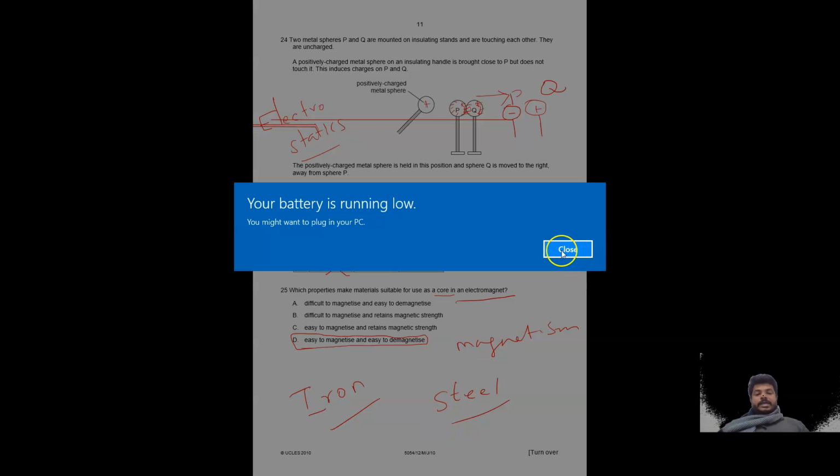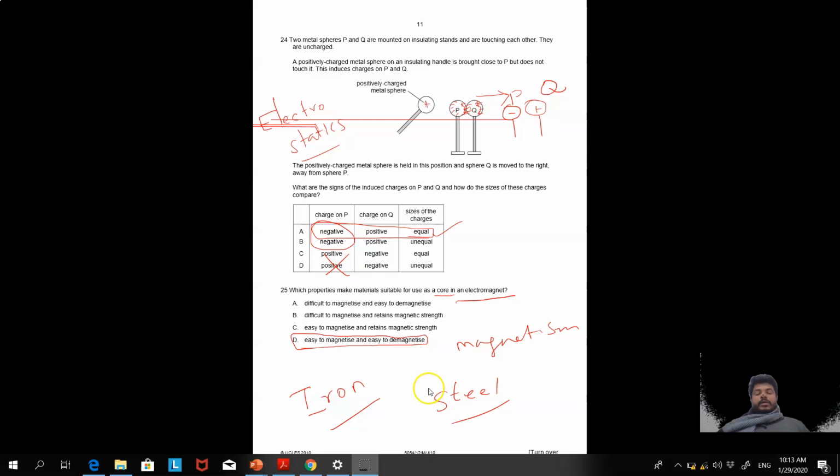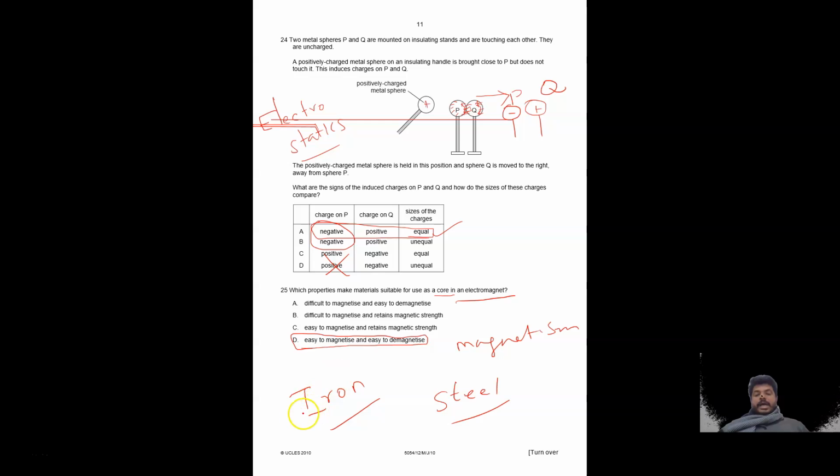So it is a disadvantage with steel because it is difficult to demagnetize. Iron is easy to magnetize and easy to demagnetize, so it is the suitable material as a core in the electromagnet. Memorize this: iron is the core in the electromagnet. It is a repeated question. The other three options are wrong, students.